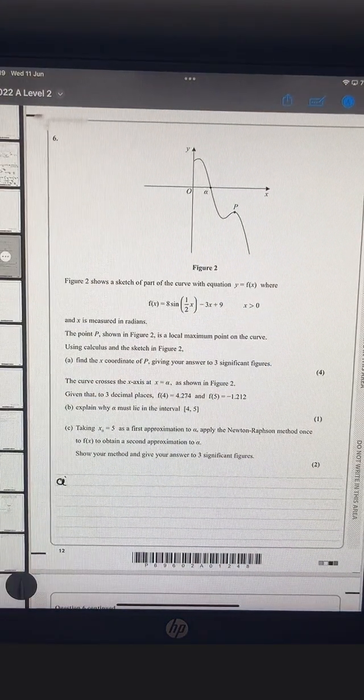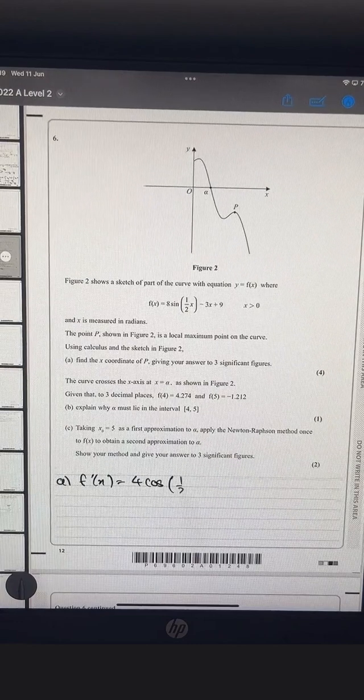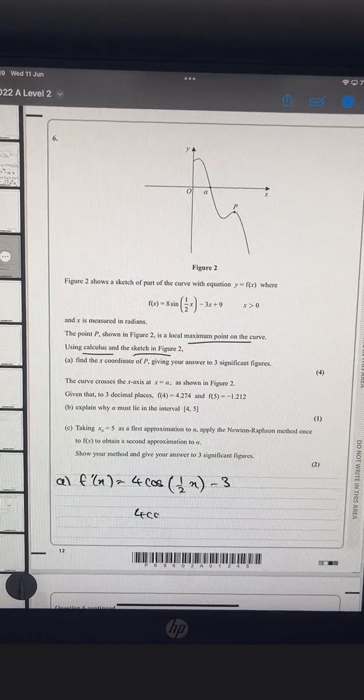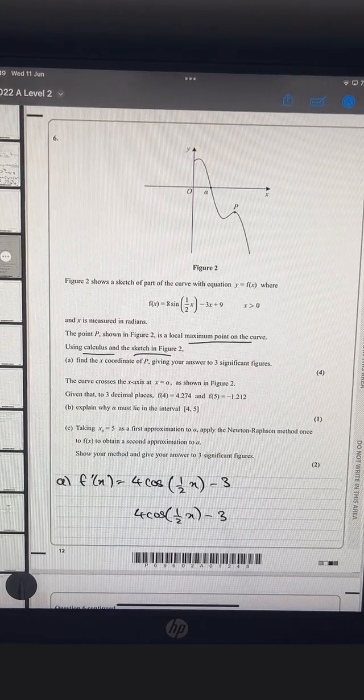So f dash of x is going to be equal to half times 8, which is 4, and then sine x goes to cos x, so cos of a half x, and that's minus 3, the constants disappear. We are told that it is a maximum point, which means stationary point, right? So we've used calculus. When is this equal to 0? Let's solve for that, because f dash of x needs to be equal to 0.